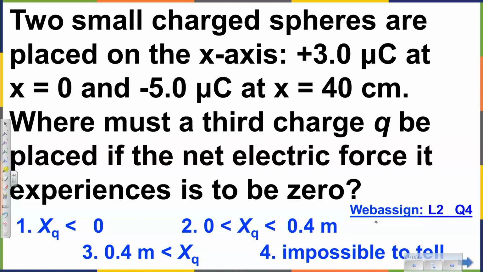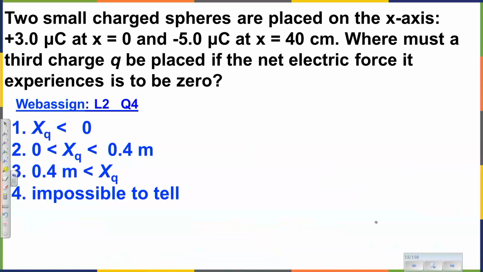The first charge is still positive, still located at x equals 0. The second charge is located at x equals 0.4, but now it is negative. And technically, again, you need to try out all possible locations.